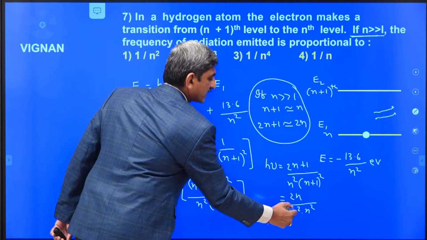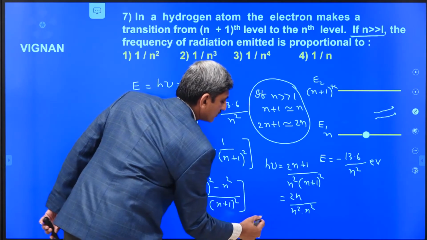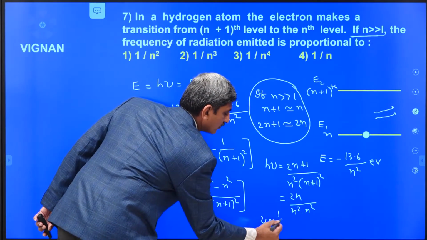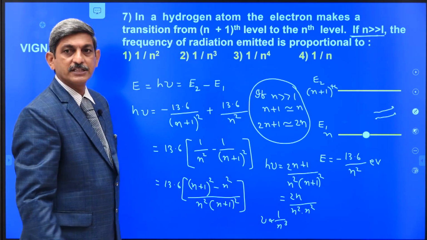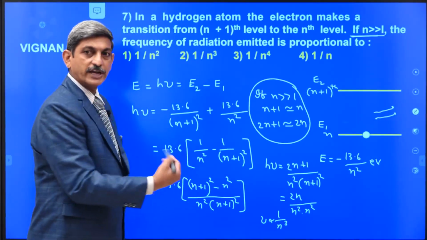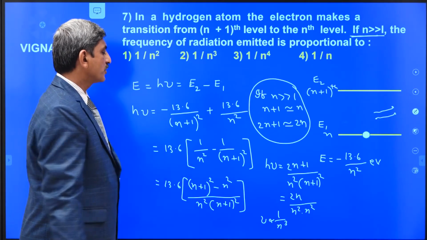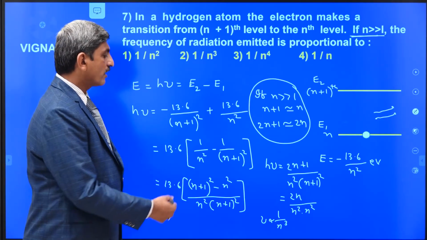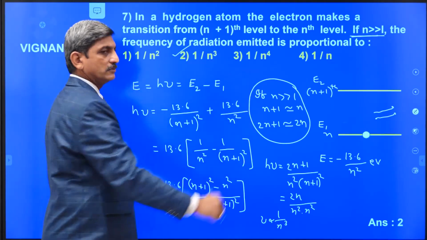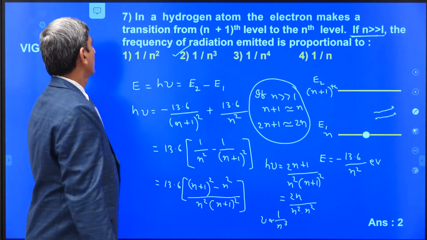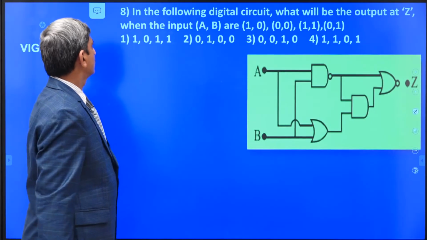So n cancels and from this we have nu is proportional to 1 by n cube. By eliminating the constants, if you write down the proportionality, it becomes nu is proportional to 1 by n cube. So your answer is 2. Come to the next problem.